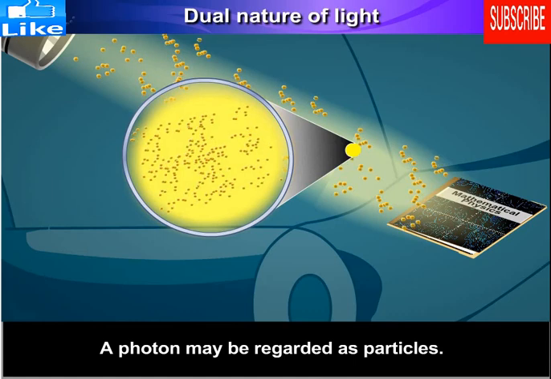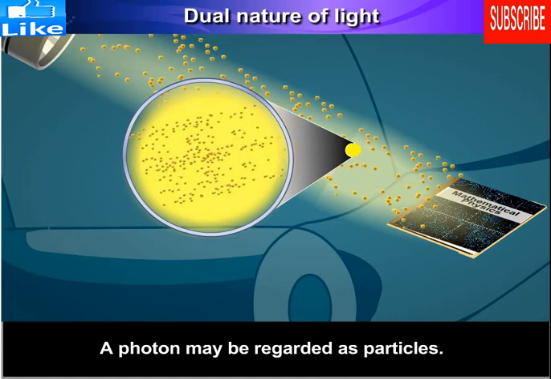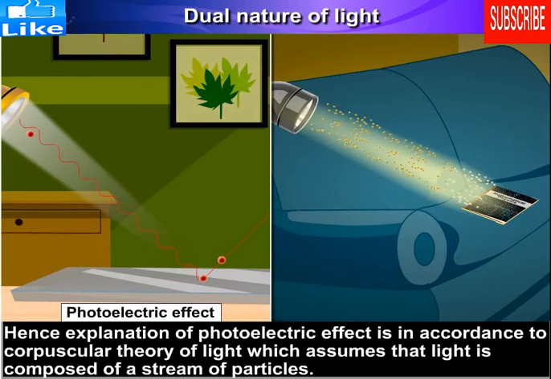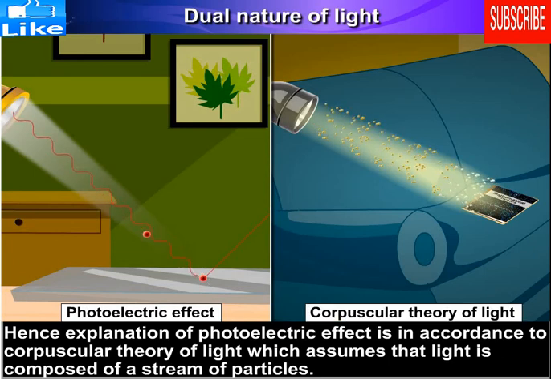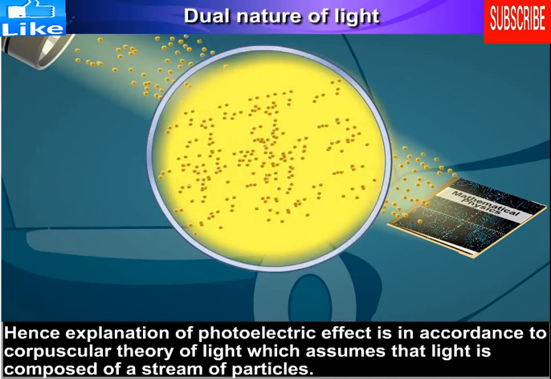A photon may be regarded as a particle. Hence, the explanation of the photoelectric effect is in accordance with the corpuscular theory of light, which assumes that light is composed of a stream of particles.